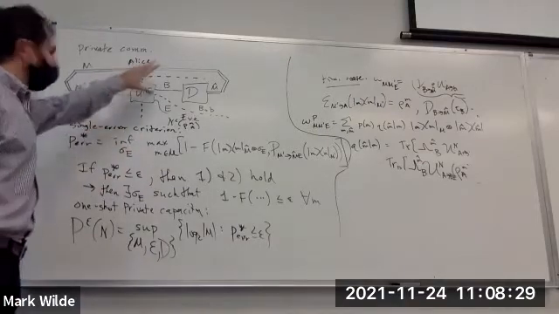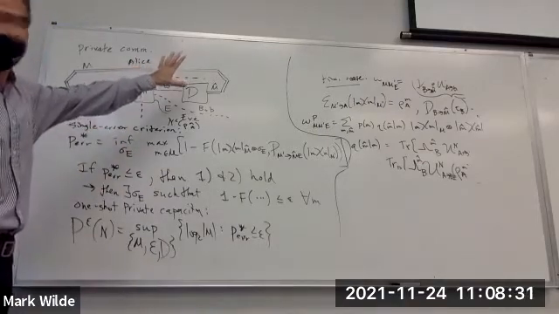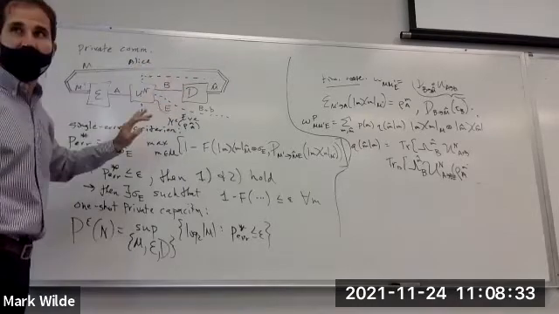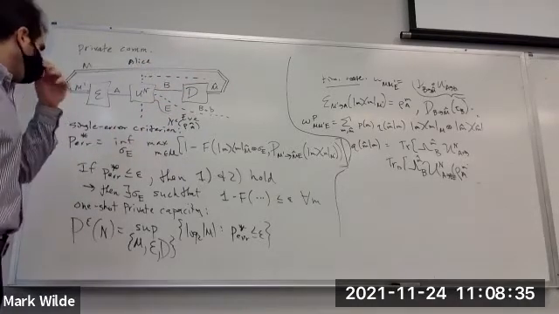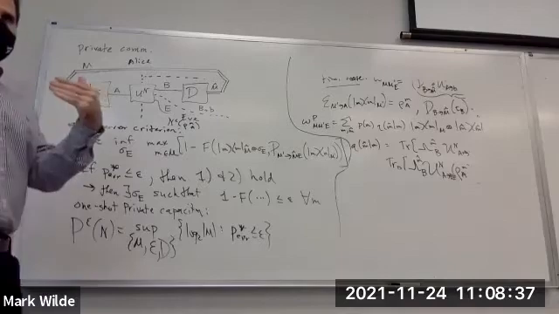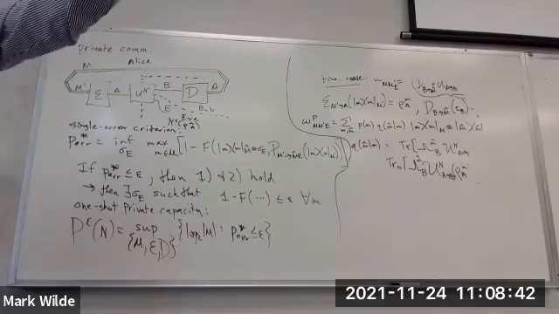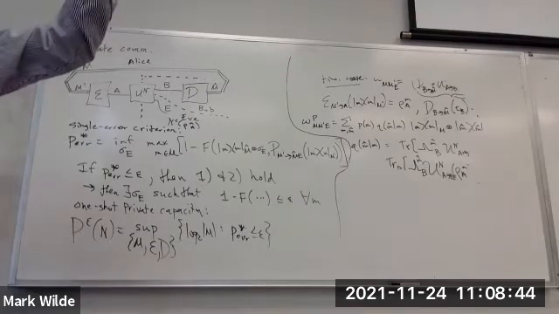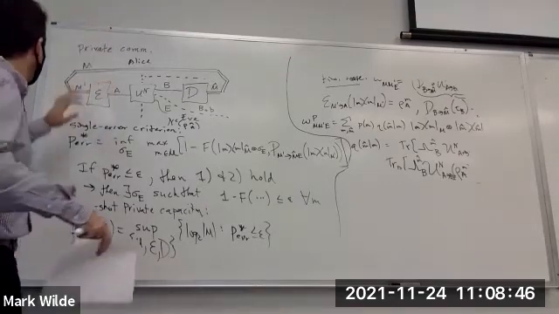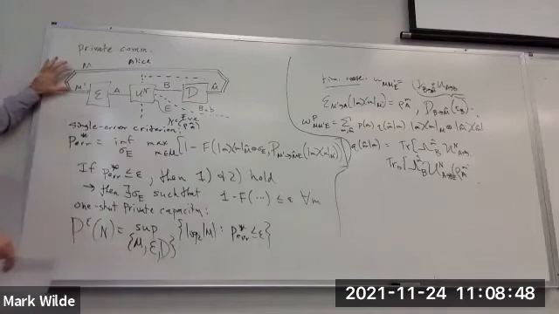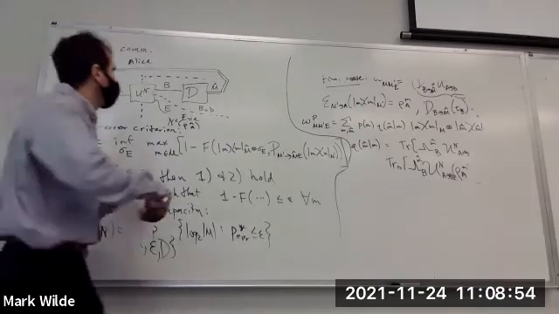Here we're thinking about a tripartite scenario: Alice, Bob, and Eve. In quantum information, what do we always do? We purify, right? We purify all the systems, and that gives a global picture of everything. We could say, here's a maximally classically correlated state. What's the purification of that? A GHZ state.